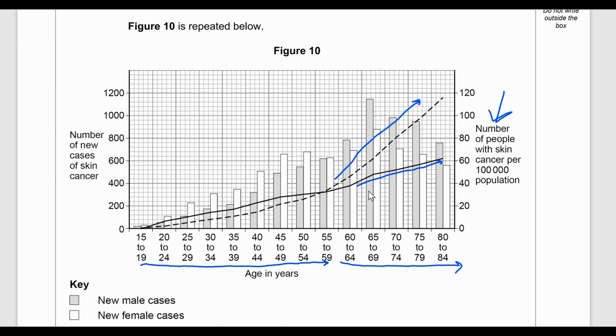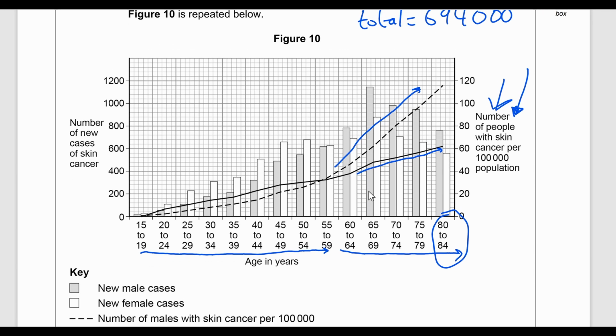We know that we're looking at males, we know that we're looking at 80 to 84 years, and we know that we're looking for the number of people with skin cancer per 100,000 population. So again, y-axis on the right, we're looking for the dashed line on our graph. And just a reminder that our total is 694,000.